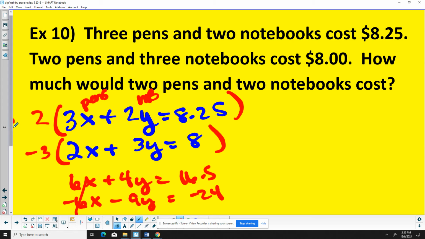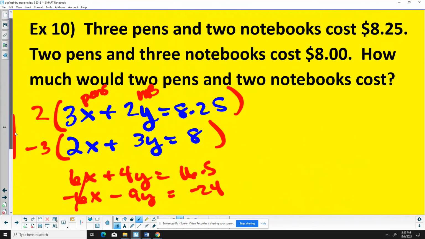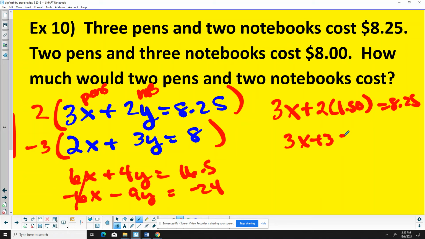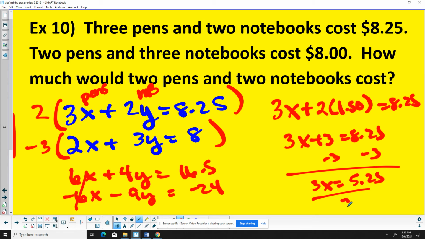And if I plug that back in, I'll just do the top equation because it's there. So 3x plus 2 times $1.50 is 8.25. So 3x plus 3 is 8.25. And divide by 3. So 5.25 divided by 3, $1.75 for pens.